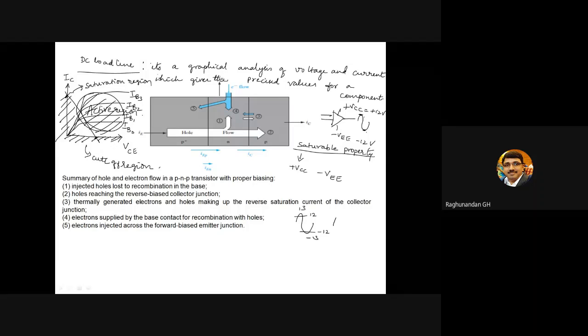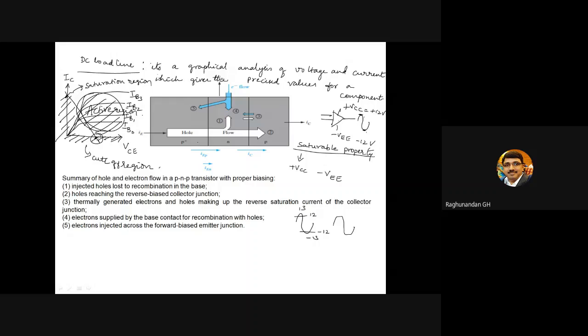So instead of getting a sine wave, you'll get something almost like a square wave. This kind of clipping of the signal happens when saturation is reached. So this VCE value tells you the maximum voltage this transistor can handle.